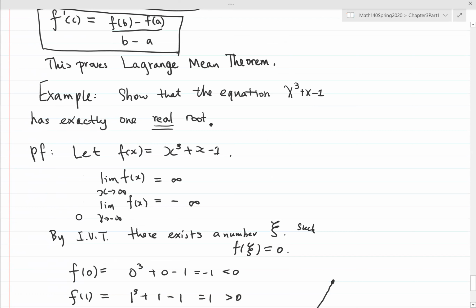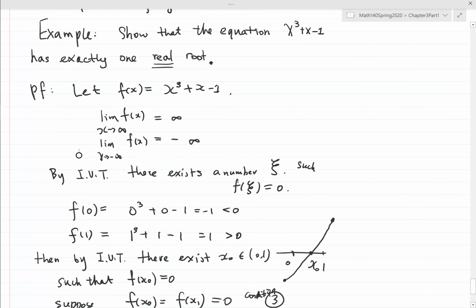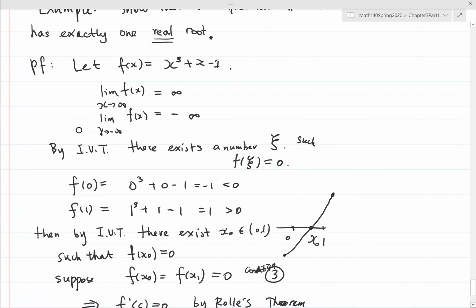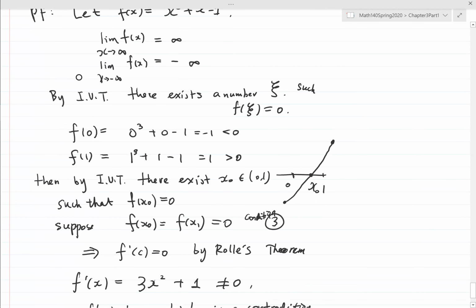So first of all, this example that we did last time is to show that a certain equation has exactly one real root. The idea is we first show that there exists a root. What we did is show that at the two endpoints the function values have opposite signs.